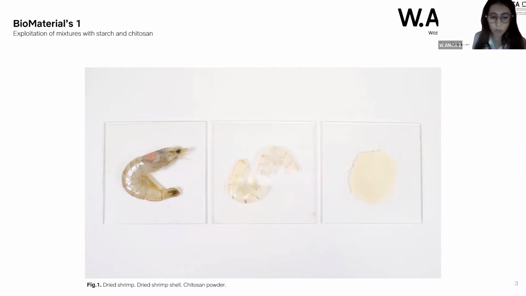So the fishing industry produces tons of waste every year that is not used. Shellfish shells, fish scales, squids, and fungal cells are rich in chitin.